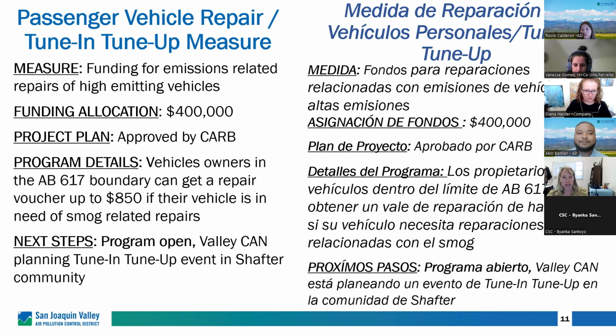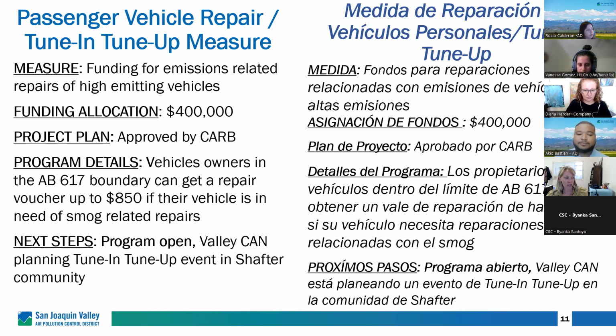We have $400,000 in this, and the project plan, again, was approved by CARB. The details are vehicle owners in the boundary can get a repair voucher for up to $850 if their vehicle is in need of smog-related repairs. As mentioned, we entered that same contract and agreement with Valley Can, which also applies to this measure.